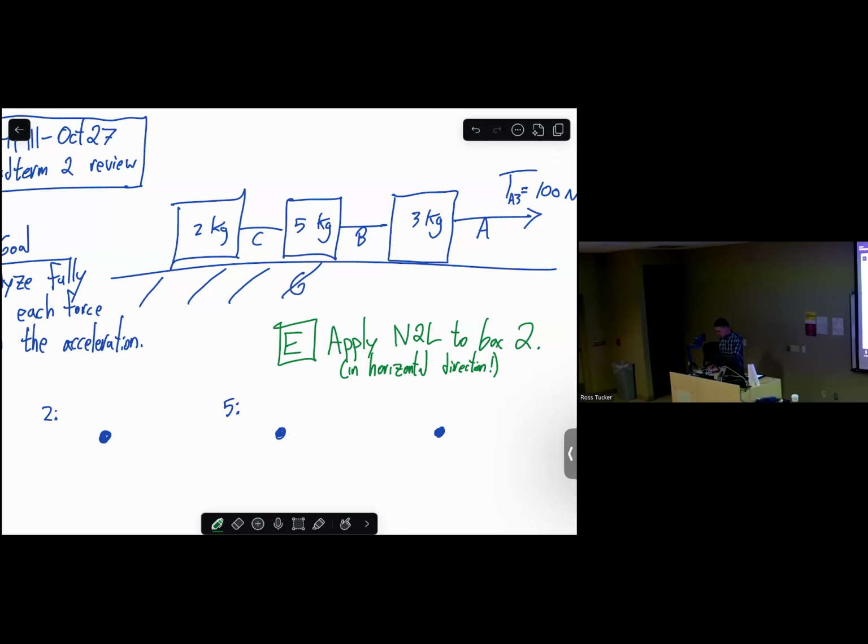Okay, one more time. Please listen. We just identified the name of the force acting on box 2 horizontally. You should use that name when you are writing the net force on box 2.